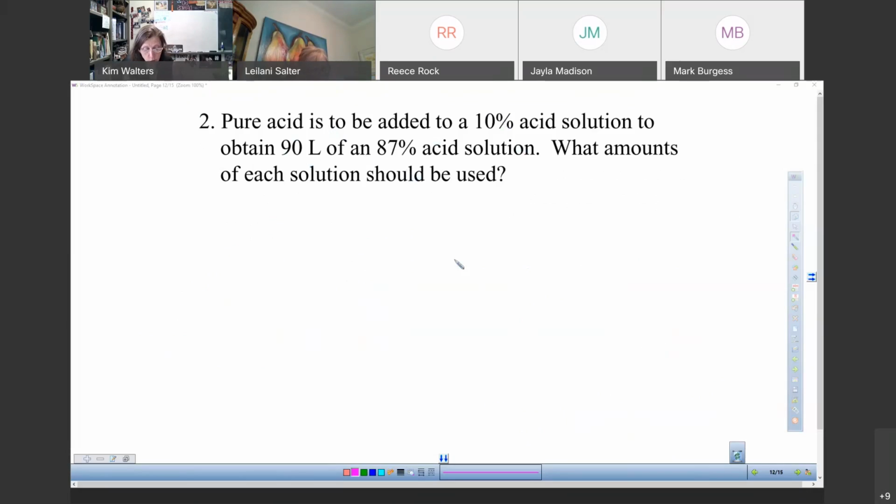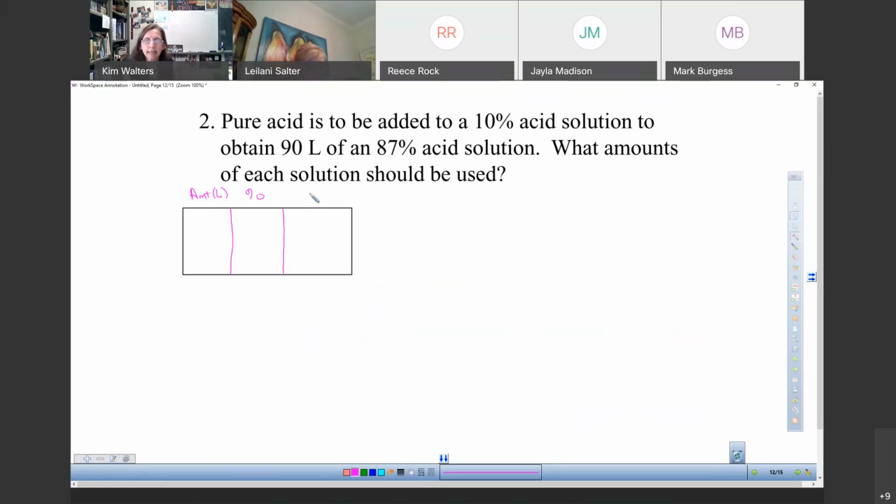So again, I'm going to do a box, and I'm going to use the box to help me set up my equation. And so I'm going to have columns. I'm going to have amount, which in this case, again, is going to be liters. I'm going to have percent, and I have 1, 2, maybe 3%.